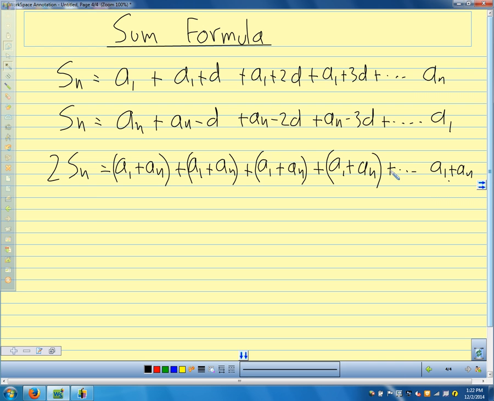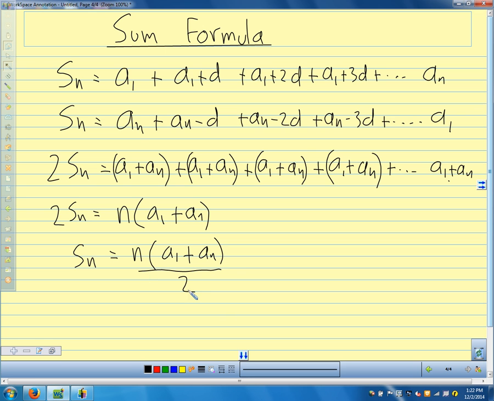So if I add 2 together 5 times, what am I doing to the 2? Multiplying by 5, right? So I'm multiplying by n. So this is 2 S sub n equals n times (a sub 1 plus a sub n). And finally, that gives me my formula: S sub n equals n times (a sub 1 plus a sub n) over 2.